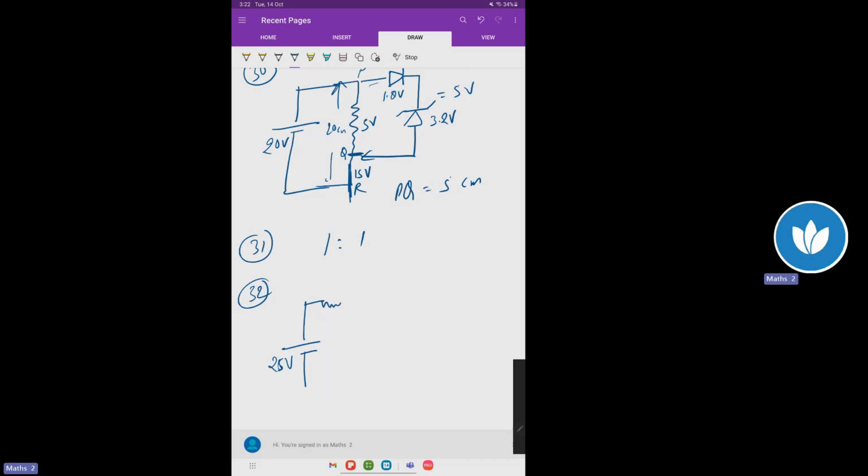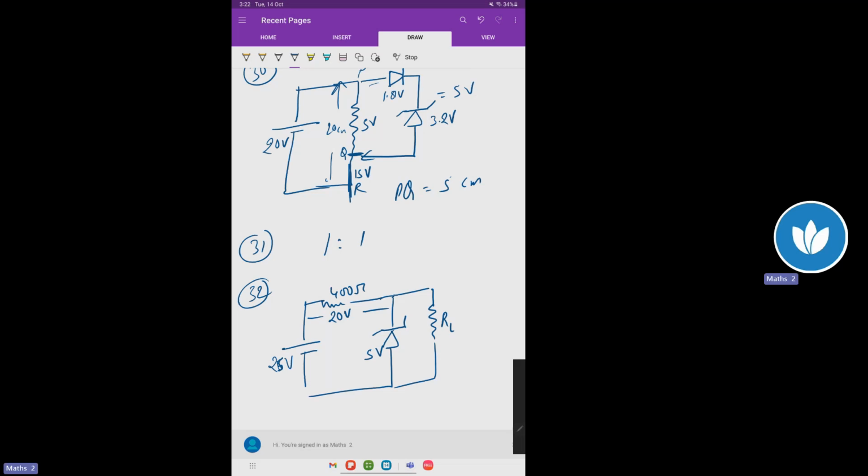Series resistance is 400 ohm. This is connected to a Zener, and load resistance is always connected in parallel. Zener breakdown voltage is 5 volt. This total voltage is 25 volt. So this voltage becomes 20 volt.